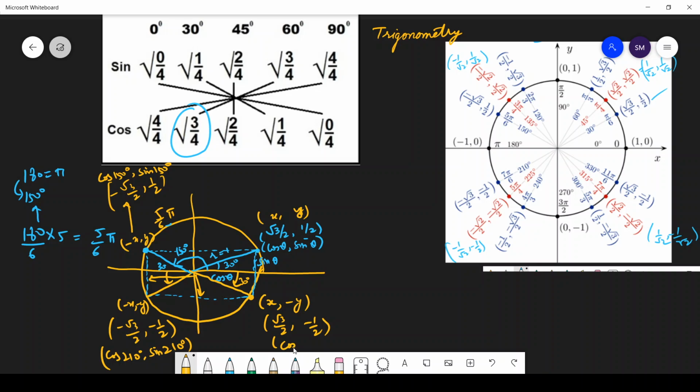Okay, good. So cos 330 degree, sine 330 degree, absolutely. And you can write it as cos minus 30 degree, sine minus 30 degree. So that's also correct, because if you are coming this side, then it will be minus. So students, this way we have written these values.